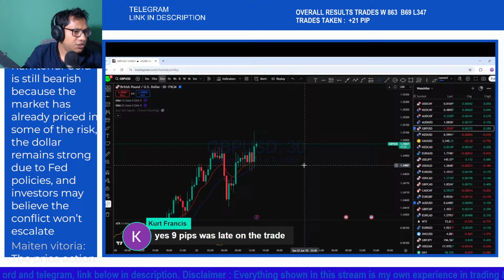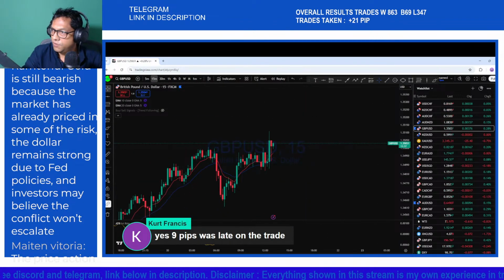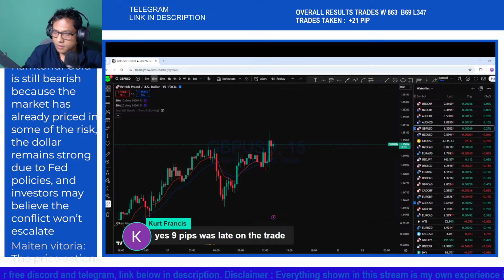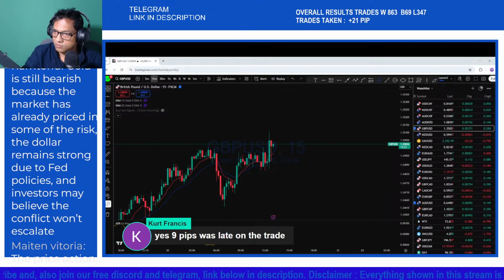So GBPUSD is also showing a possible bullish pattern here. I was running a trade on GBPUSD, and I probably have to secure some profit here.